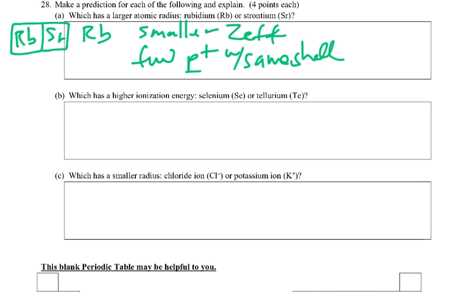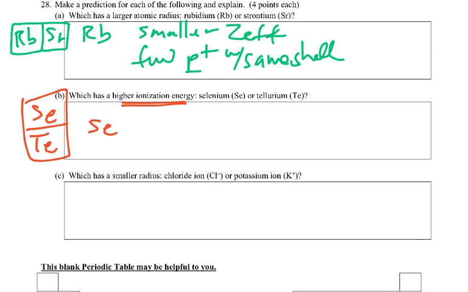Okay, B, which has a higher ionization energy, selenium or tellurium? So again, we need to look on the periodic table, and we'll find them over there, 34 and 52. Selenium, and tellurium is right below it. So which has a higher ionization energy? Well, as you go down the periodic table, you get more and more shells.